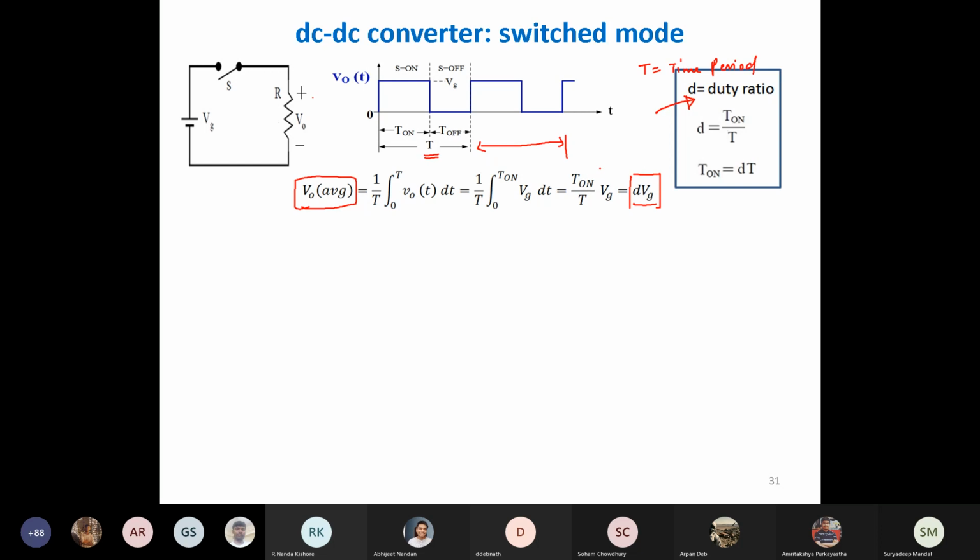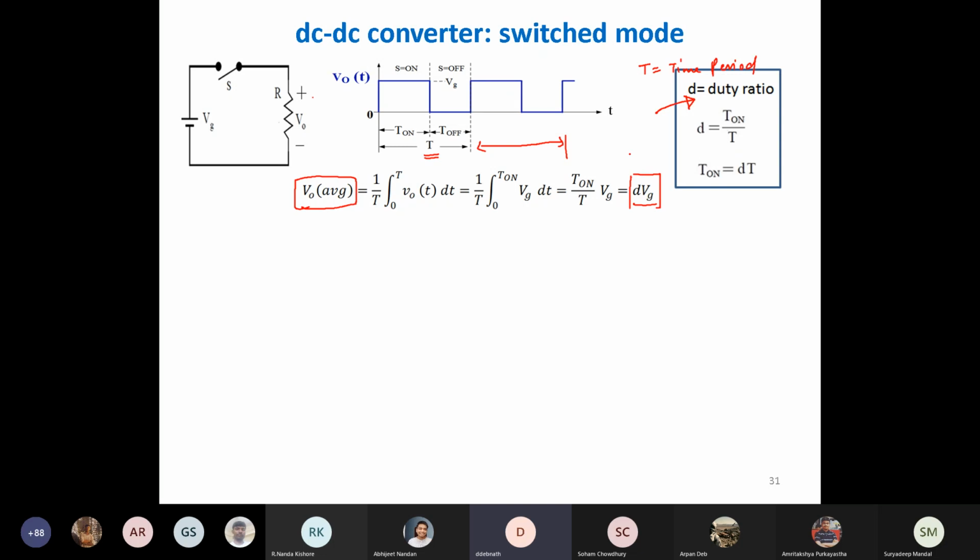The crux is that if I fix my time period T, by varying the on time I can vary this ratio D, and that's how I can control my output voltage. So maybe I can write a program in my microcontroller which will generate a suitable duty ratio.